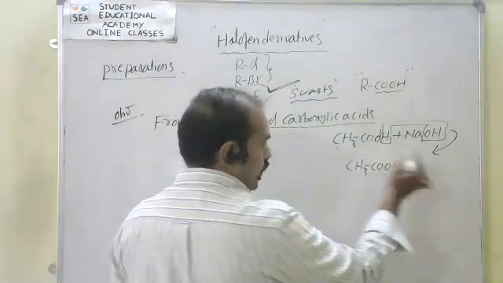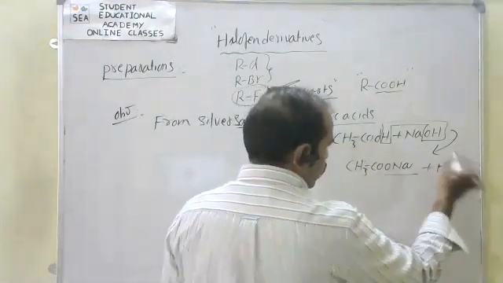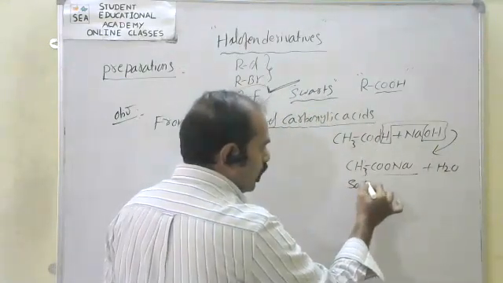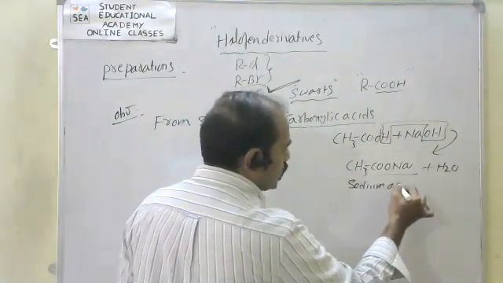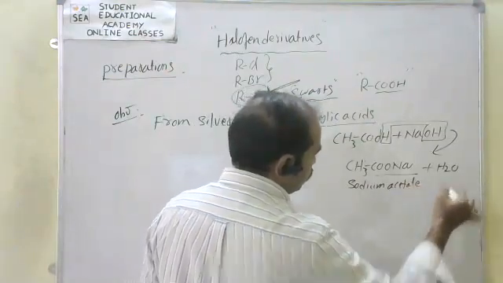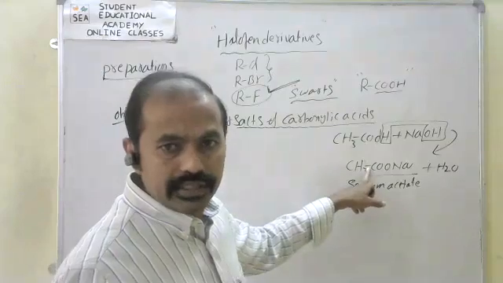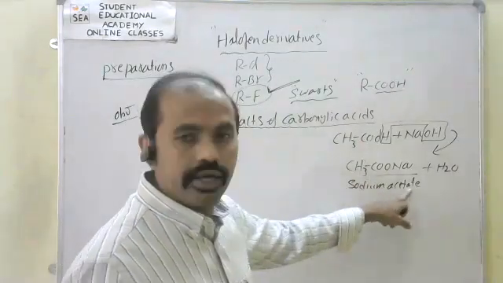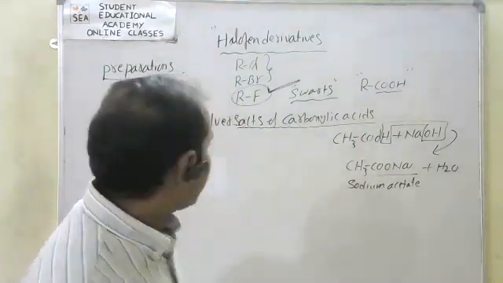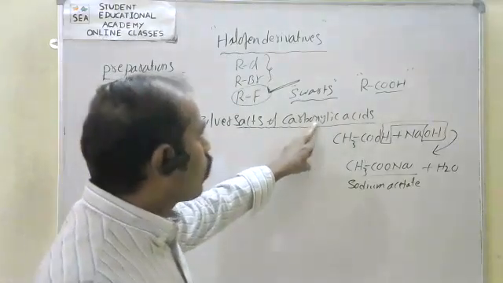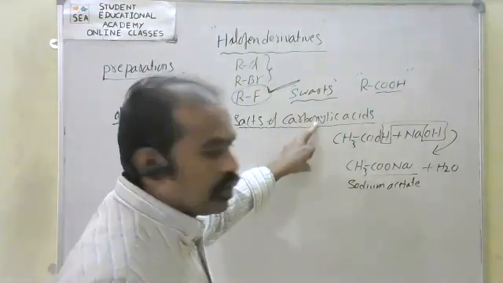The related salt is called sodium acetate, because it is derived from acetic acid. So it is called sodium acetate, like the salt of a carboxylic acid.